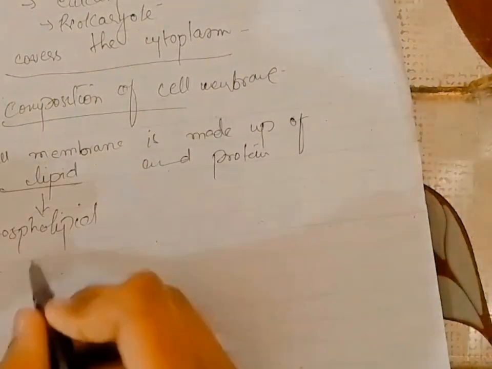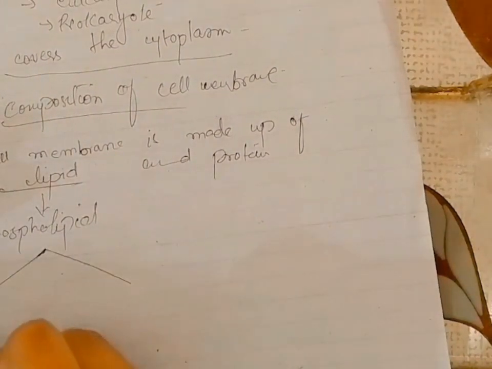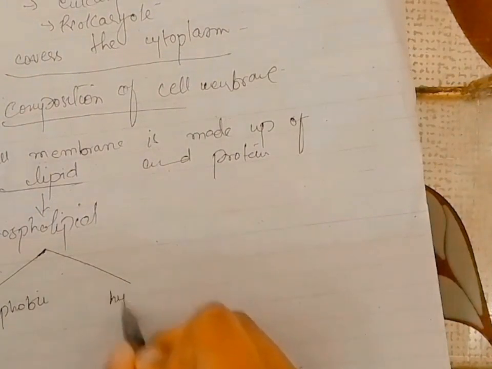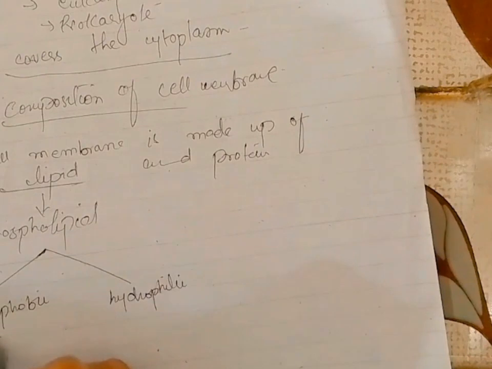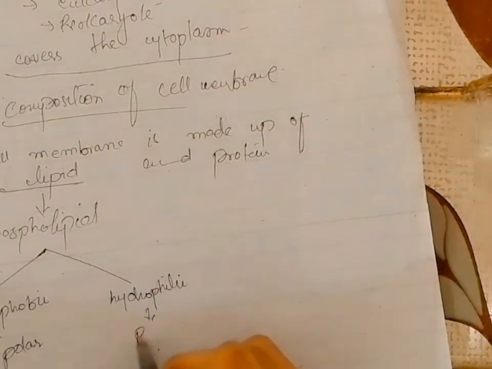Now, phospholipids have two ends: a hydrophobic end and a hydrophilic end. Hydrophobic is non-polar and hydrophilic is polar.